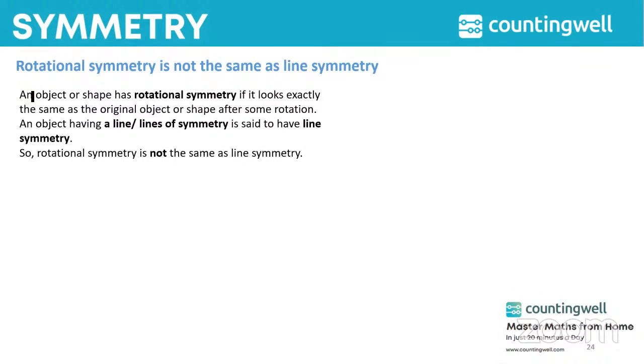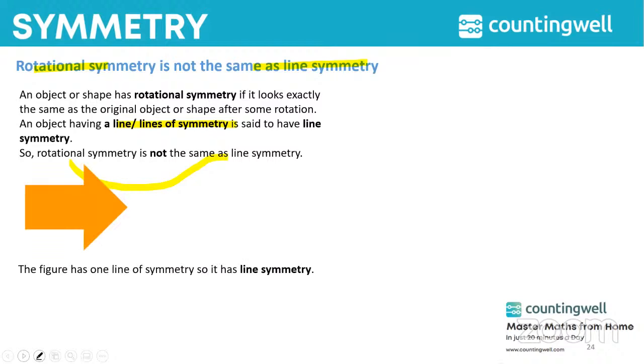Also note that rotational symmetry is not the same as line symmetry. An object or shape has rotational symmetry if it looks exactly the same as the original object after some rotation. Whereas if an object has a line or lines of symmetry, it is said to have line symmetry. Both are different concepts.